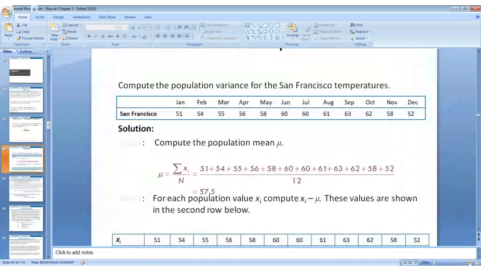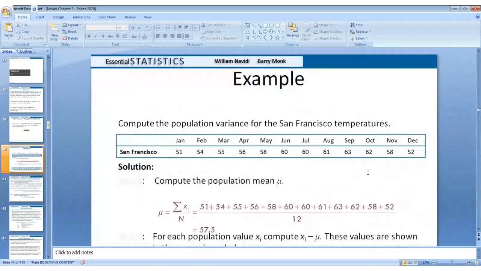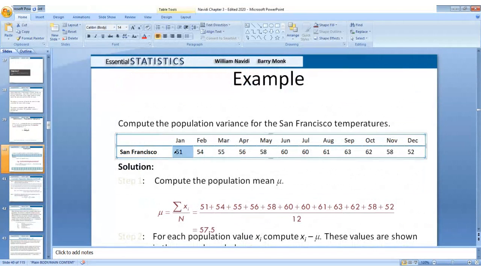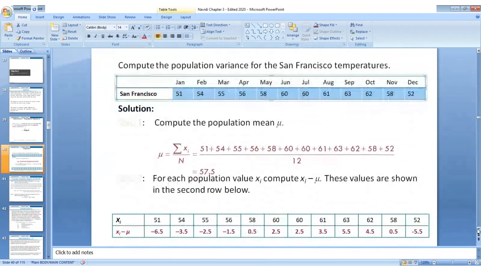All right, so we calculate the mean, and then what we're going to do is subtract the mean from every one of these values here. And what's going to happen is some of these are going to be negative.